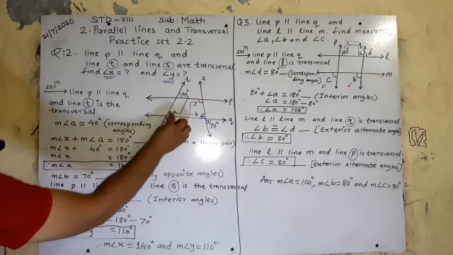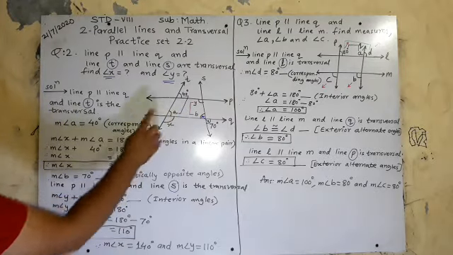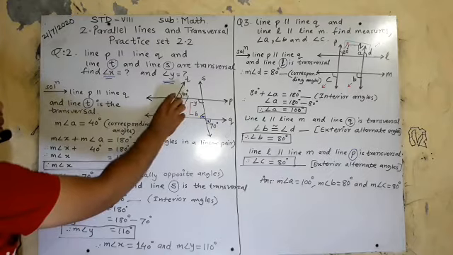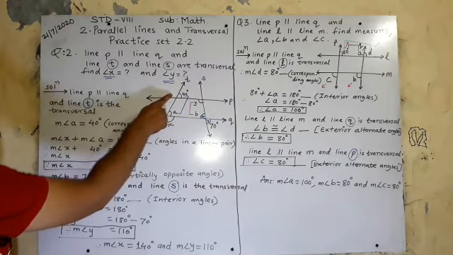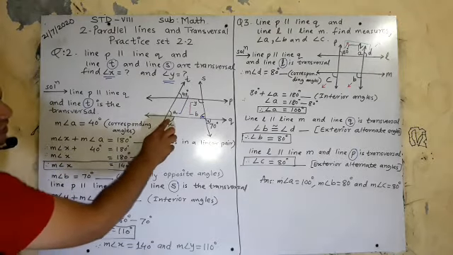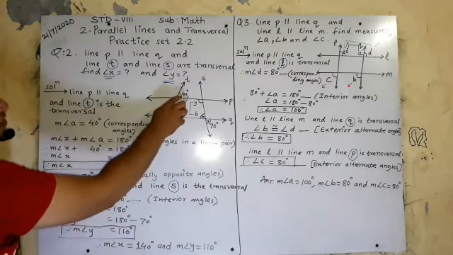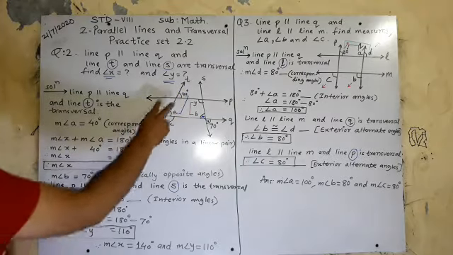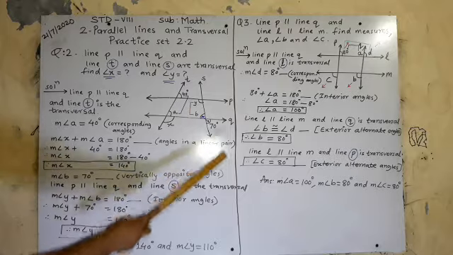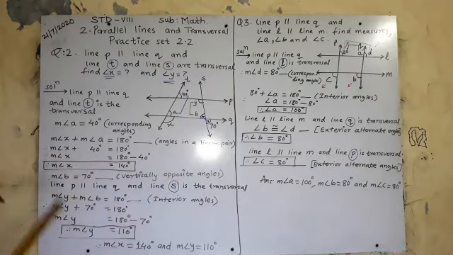Whenever this kind of angles form, you will use angles in a linear pair. Like if this is 40, so this will be how much? Tell me. If this is 140, so this will be 40. So these two angles will be considered as angles in a linear pair. Is it clear? Now move to the next question.